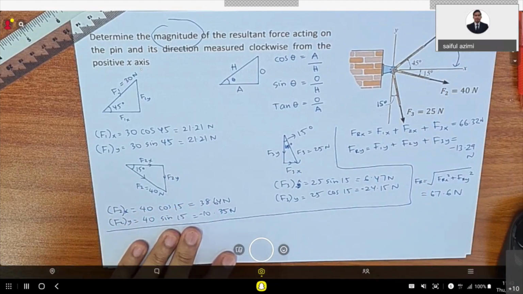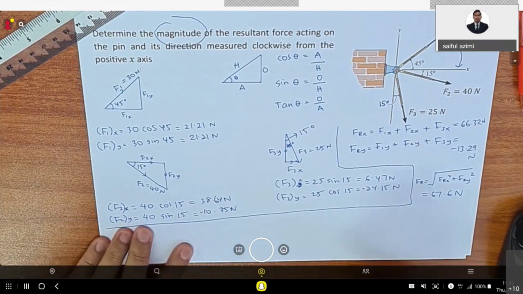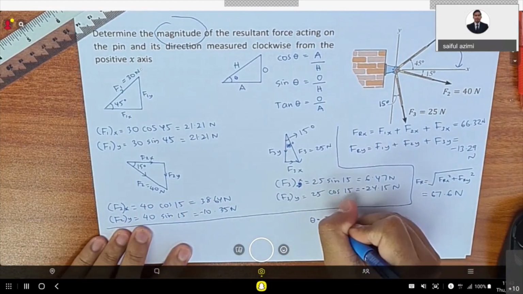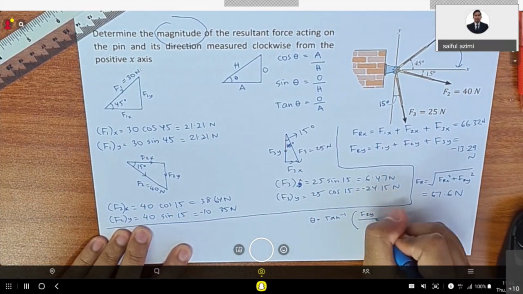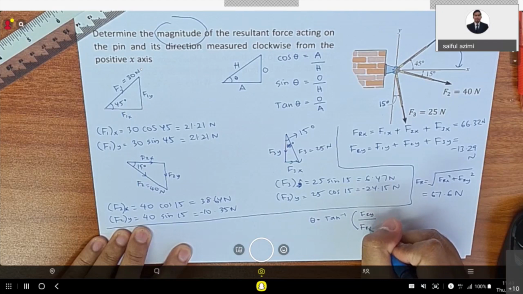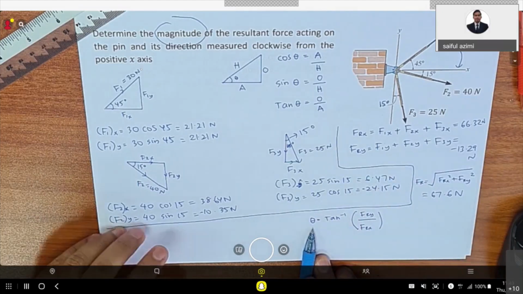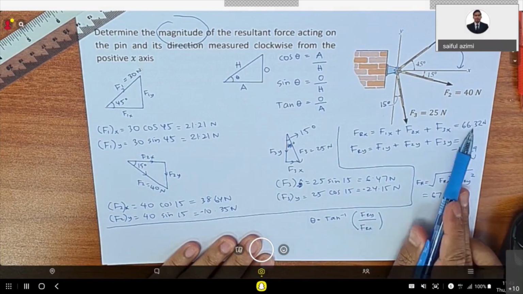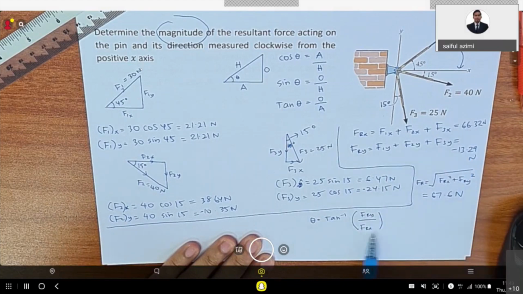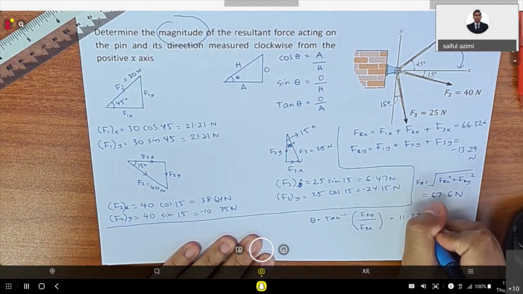According to the formula, theta equals to tan inverse of Fry over Frx. This is your direction. Fry you already got here, and Frx you already got here. So you will get the answer of 11.3 degree.